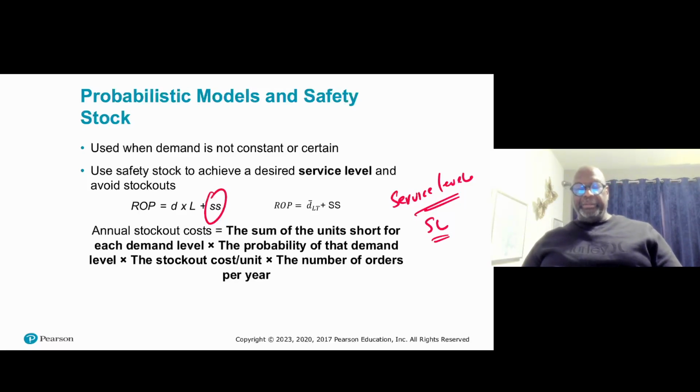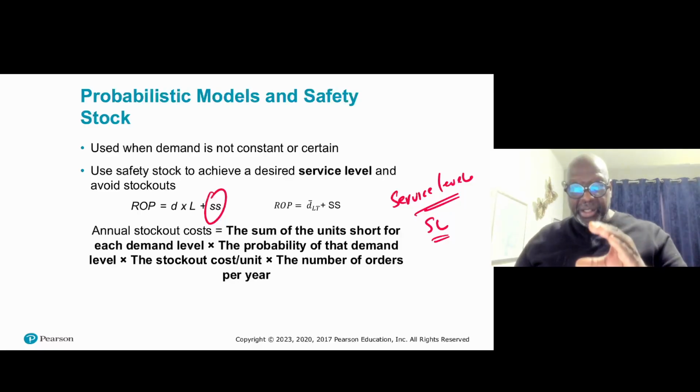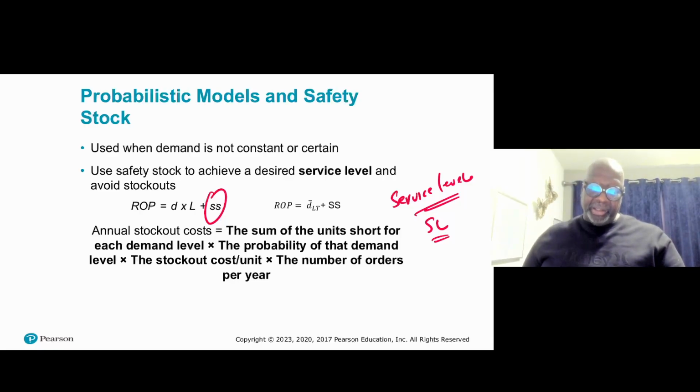It means that we have to determine what percentage of the demand during the lead time we want to cover. If we're willing to cover 80% of the demand during the lead time, then our service level during the lead time is 80%, and that will tell us how much we need to keep in stock.